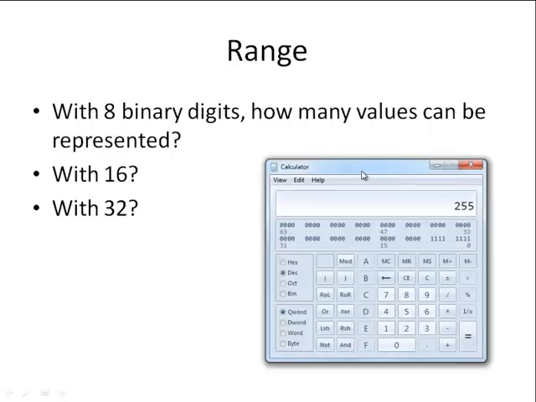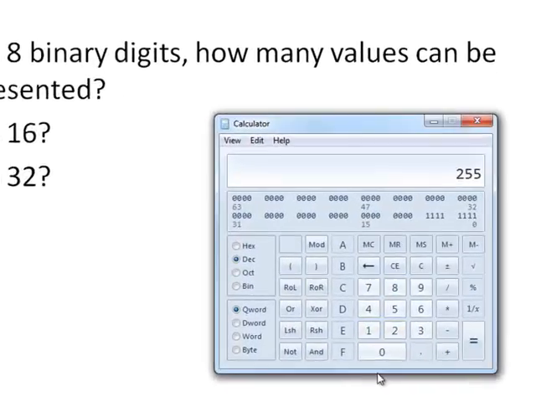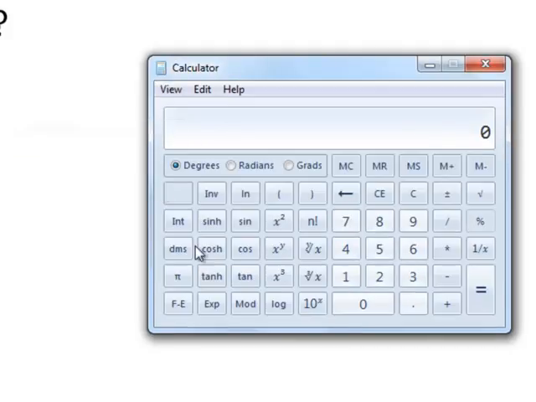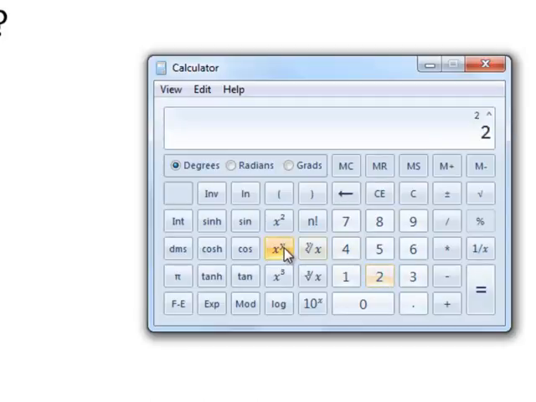And there's a quick way of checking how many values we can represent with other numbers of bits. And again, we can use our calculator. I'm just going to put it to the scientific view and show you that 2 to the power of 8 is equal to 256.